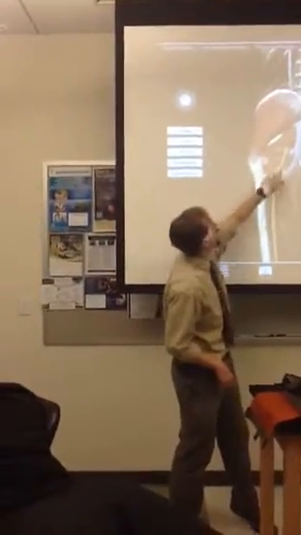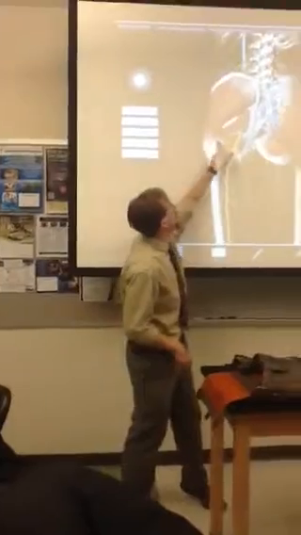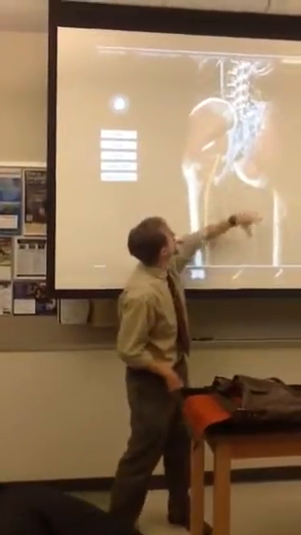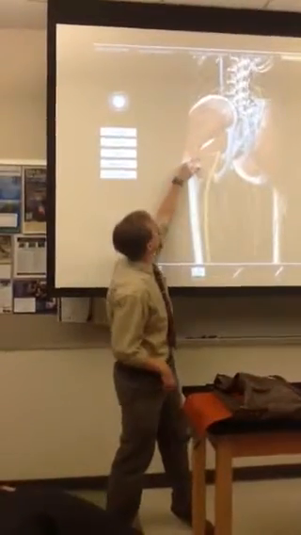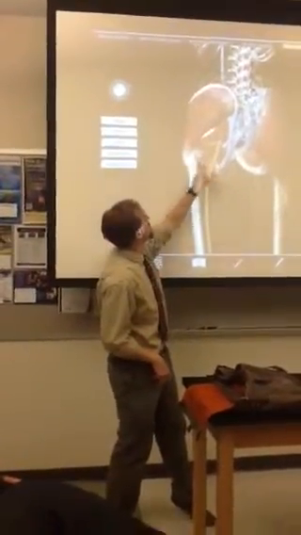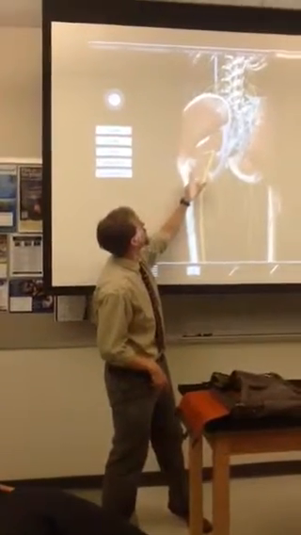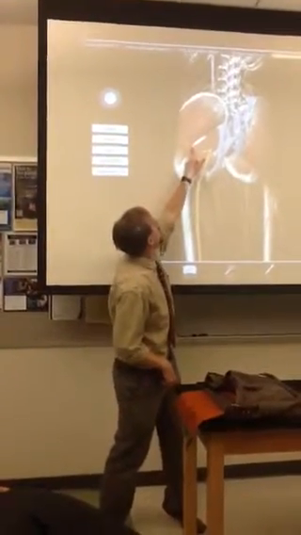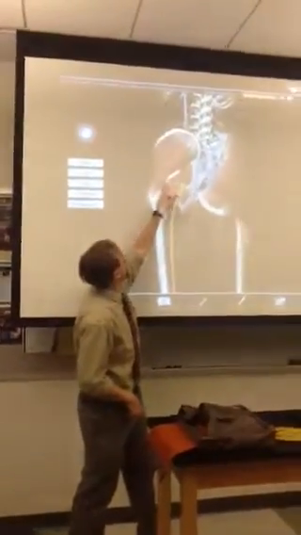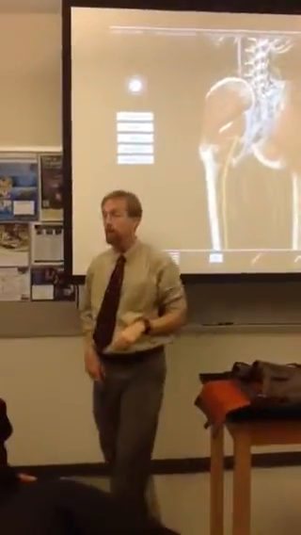Quadratus is the rectangular one here. Internal obturator. External is actually going to be on the other side. So superior, inferior gemellus, internal obturator, quadratus femoris, and then piriformis.